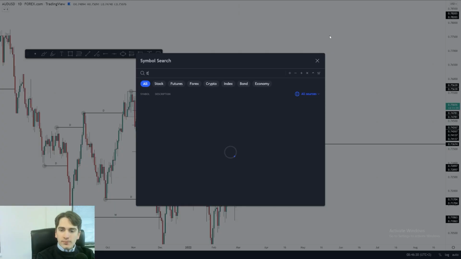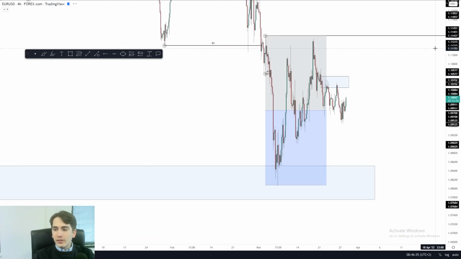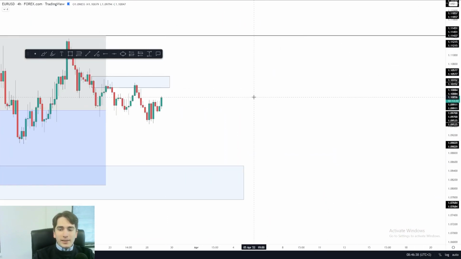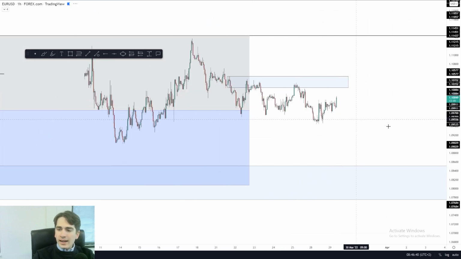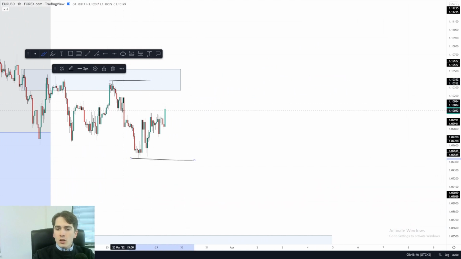Let's head over to euro dollar. Euro dollar currently has not been moving very interesting, as we can clearly see. Looking at this 1 hour at the moment, I would say that this is your current swing high, this is your current swing low, and this is your current area of supply.